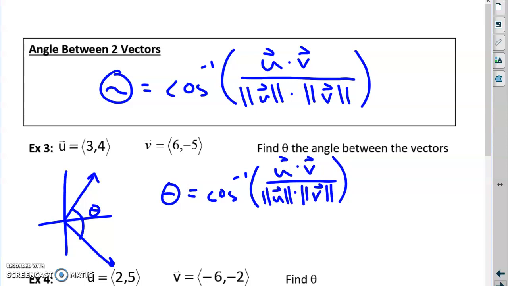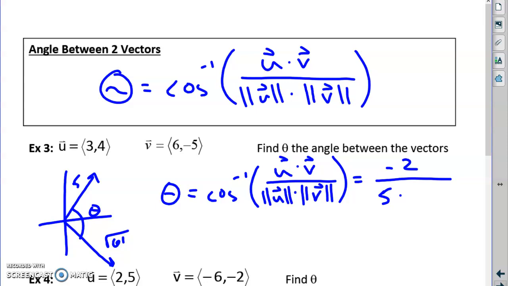We just found the dot product to be negative 2. The magnitude of vector u, 3, 4, 3 squared, 9, 4 squared, 16, 9 plus 16 is 25, square rooted, that vector right there is 5. Vector v, 36 plus 25, that vector is radical 61.